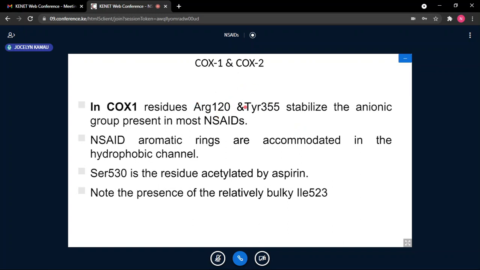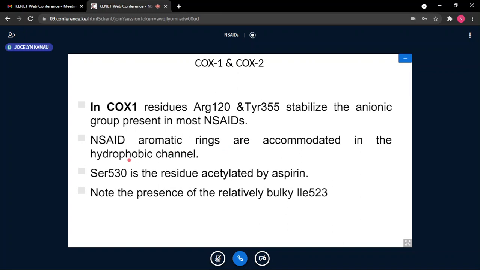So these two amino acids will have positive areas which will stabilize the anionic group present in most non-steroidal anti-inflammatories. That's all we are saying. So we are just highlighting the fact that the COX enzyme has a cationic center, and that cationic center will be able to attract and hold the anionic site of the drug or of arachidonic acid in place within the COX enzyme.